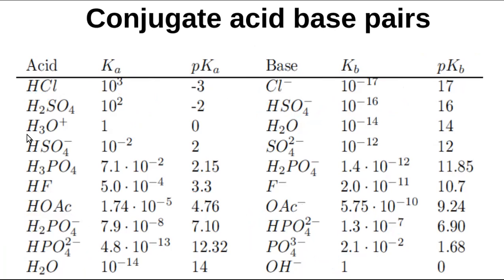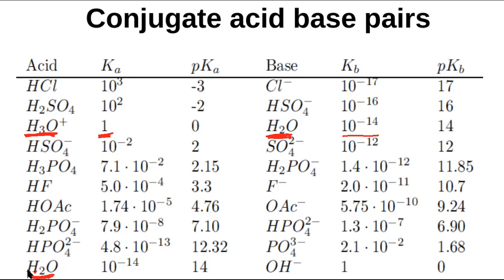If you want to point out something, this oxonium ion is the strongest acid that you can have in water. It's the biggest Ka that can exist in water because it's related to water, of course, and water is the conjugate base to the oxonium ion. It's a very, very weak base.